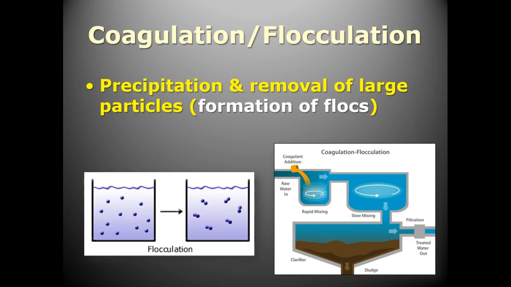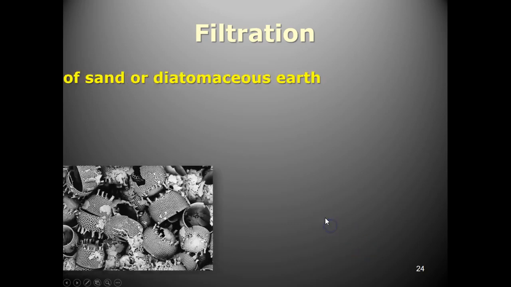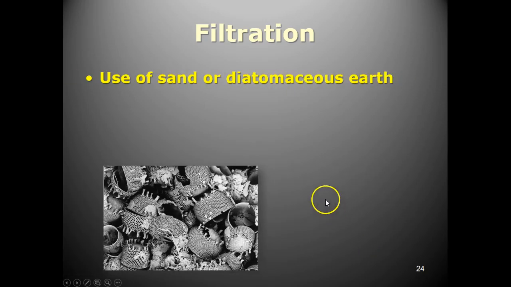Just keep things moving a little bit so that the coagulant and the material within the water can form those flocks, and then that can be brought into another tank where the sludge settles to the bottom, and then the liquid on top, the water that's had a lot of this material removed, can then be pumped out and go into the next stage. And again, with the sludge, things can be done with that as well.